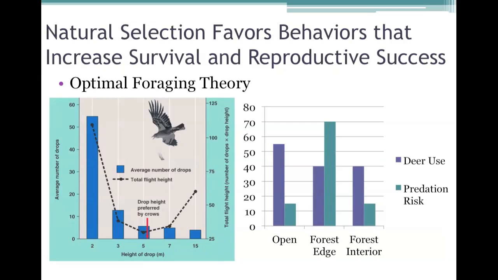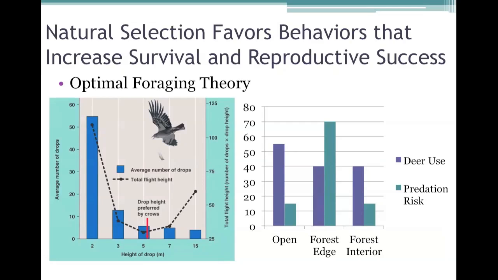So what we want to look at now is how certain behaviors can increase the chance of survival and therefore reproductive success. One of the ideas that's come out of this is the optimal foraging theory, which basically says animals, to increase their chance of survival, will try to expend as little energy as possible in obtaining as many calories as possible.